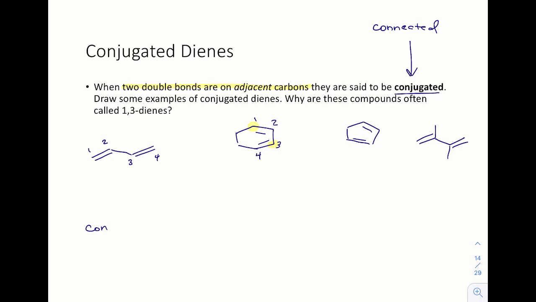As we have observed, conjugation, connectedness of pi bonds will lead to lower energy molecular orbitals. Lower energy molecular orbitals will contain lower energy electrons. The universe is happy.